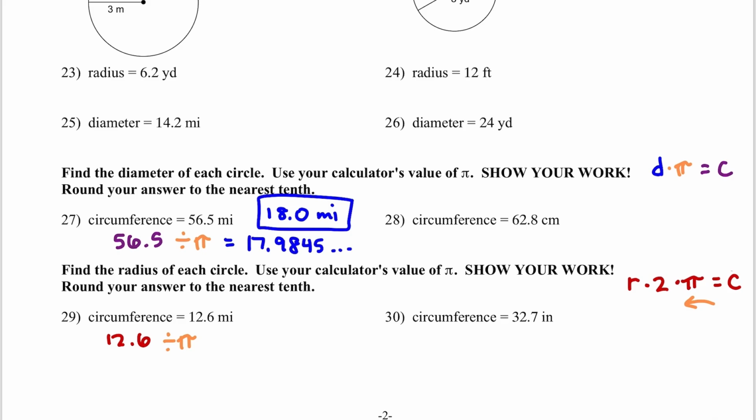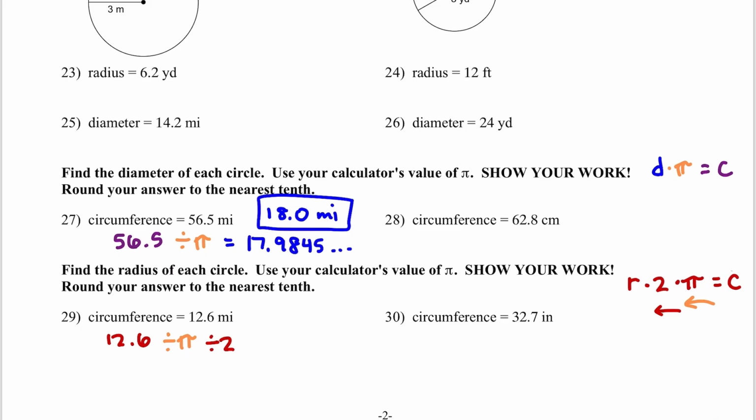I can press enter and do this in my calculator, or I can understand that I need to take another step, because when I divide by pi, that just gives me the diameter. I need to keep on going to find the radius, so I need to also divide by 2. Instead of typing that in separately in your calculator, you can type it in all in one step.